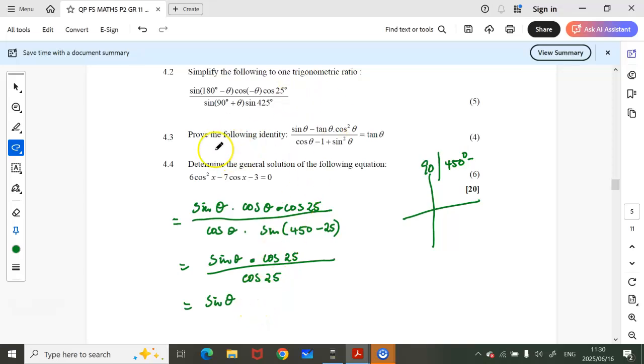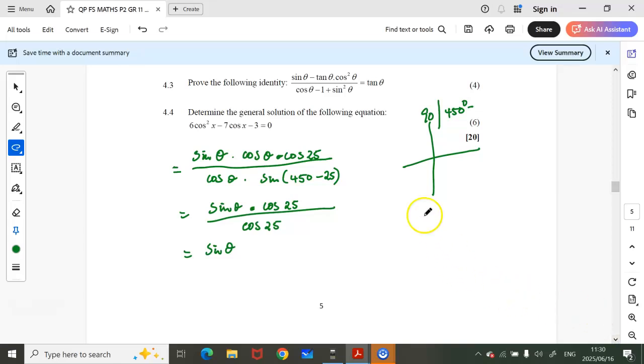The next one, we are looking into 4.3. Let's look into 4.3 quickly. In 4.3, we are trying to prove this identity that it is equal to tan theta. So here, the first thing you do, you choose a side.